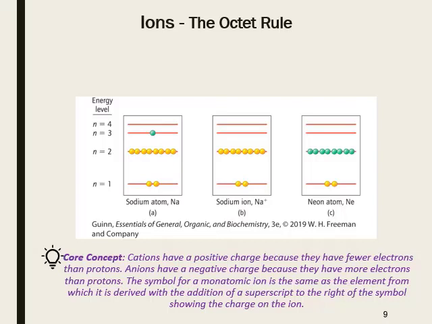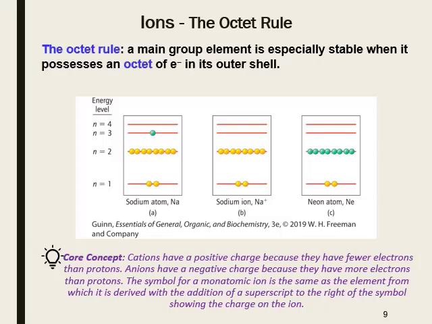So let's recap. Ions are formed because atoms want to be stable, and in order to be stable, they need to have 8 electrons in the valence shell, and this is known as octet rule. So octet rule is that all main group elements are stable when they possess 8 electrons or octet of electrons in their outermost shell.